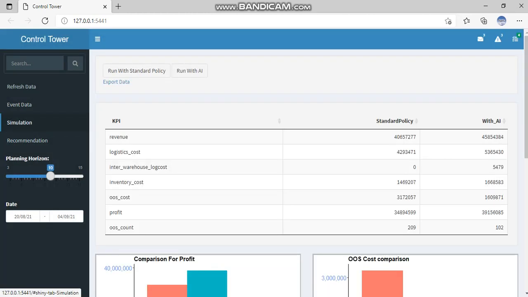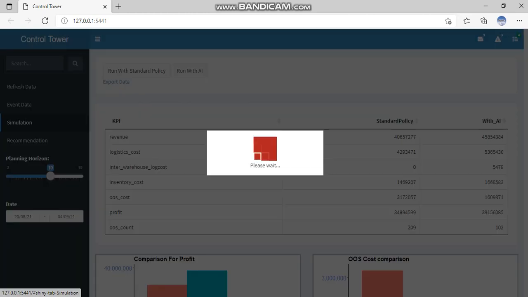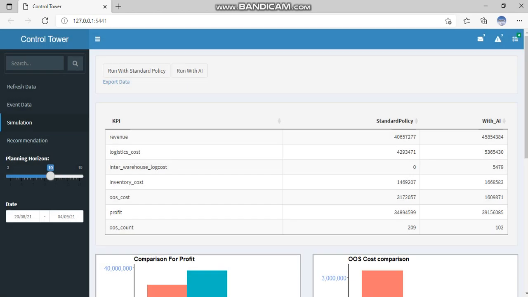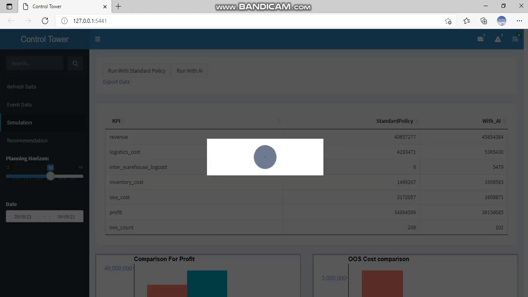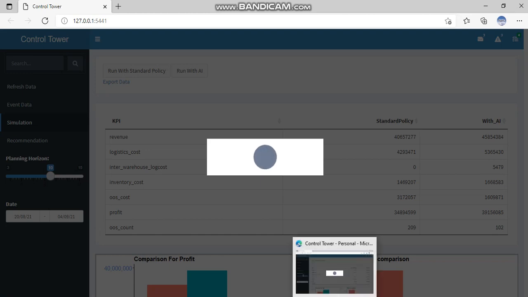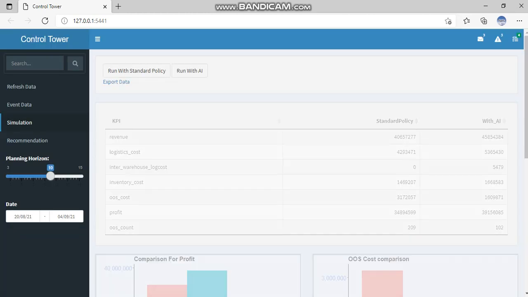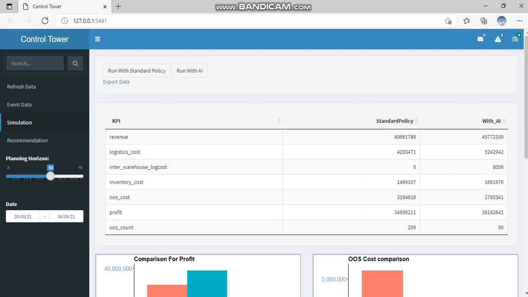The next thing I'm doing is running it in two forms. One is with the standard policy, which is if the company does nothing, where I'm just digital twinning the supply chain with the standard policy the company follows with the network, and then I'm running it with the AI based recommendation. Then you can compare and see how the results come up.